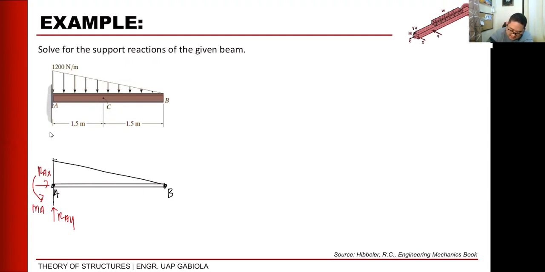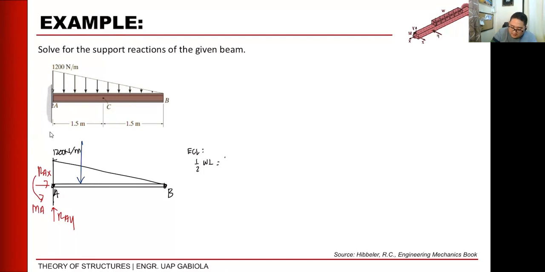And according dun sa ating guide for loading, pag triangular yung load natin, kailangan yung ECL natin is dun sa kanyang centroid nag-act. So, ito yung centroid niya. Okay? And yung value ng ECL natin, makakalkula natin as area ng triangle natin. So, area is 1/2 W times L lang.